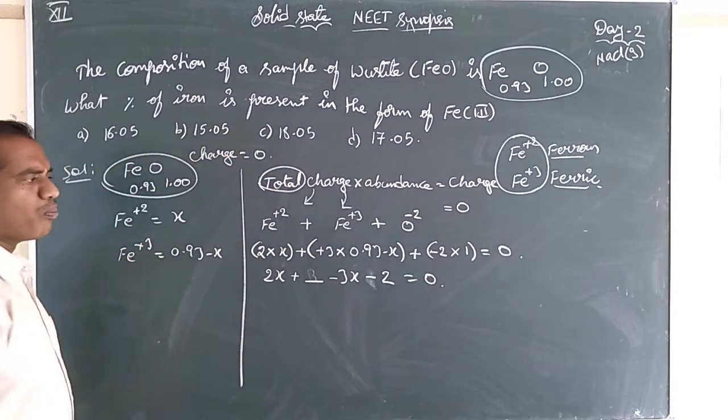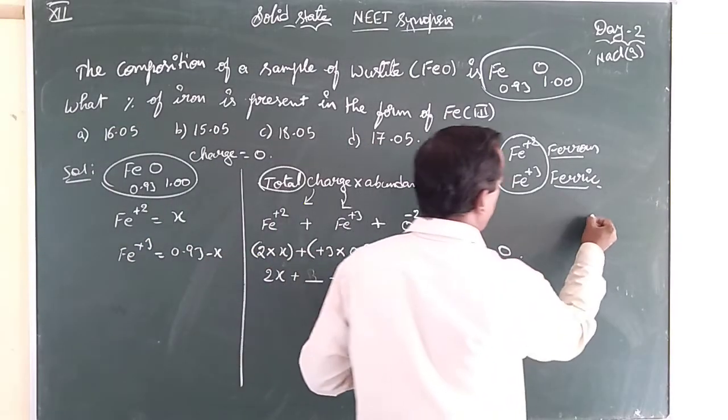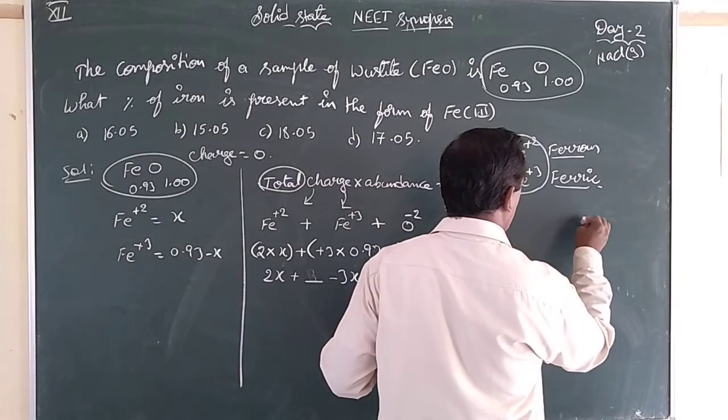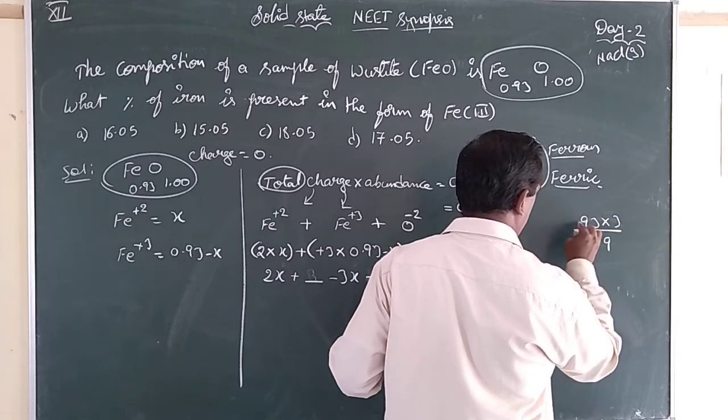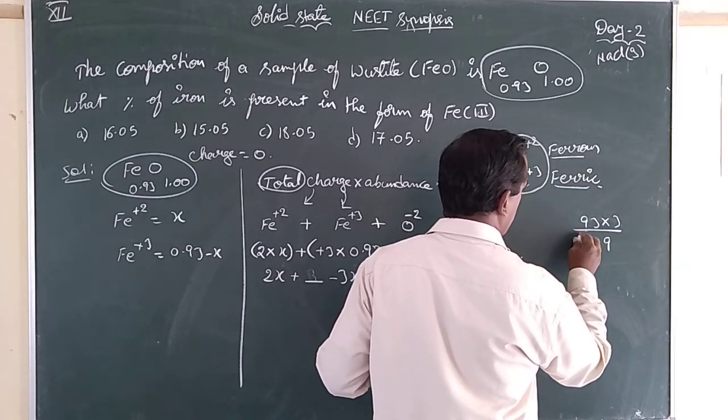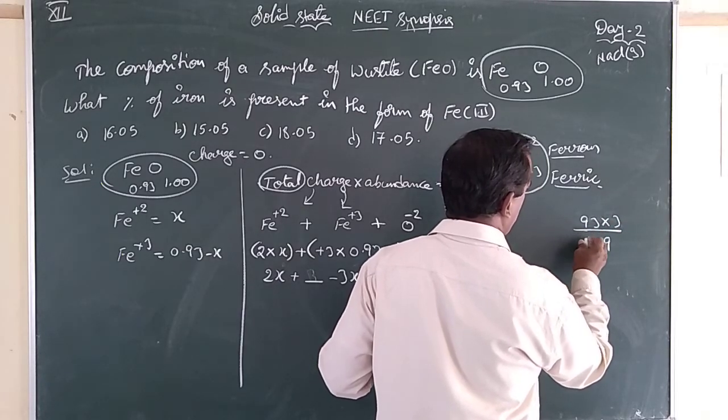Please help me: 0.93 into 3, or we can say 93 into 3. 3 3s are 9 and 3 9s are 27.